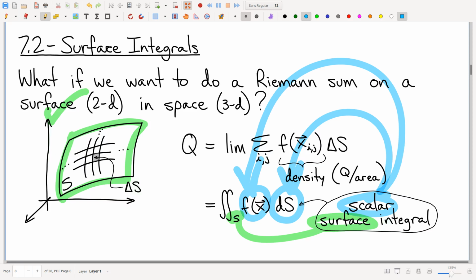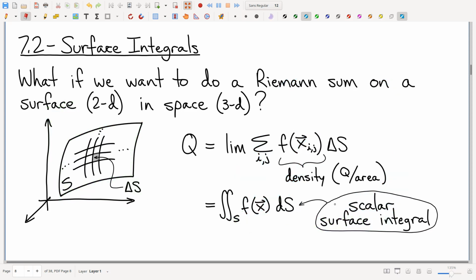And by the way, just like with line integrals, there's another kind of surface integral coming. Remember, with line integrals, we eventually found vector line integrals. It came about naturally in a specific application. Same story here.